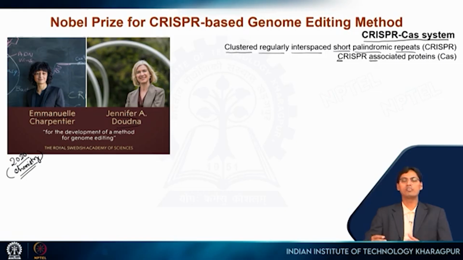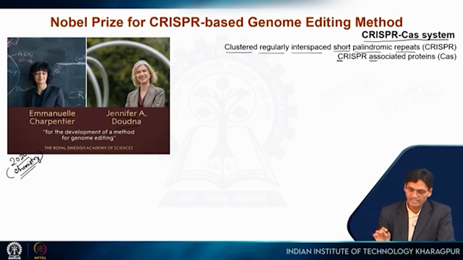Very frequently and effectively we can edit genes for our research, for example to knock out or delete some genes from a genome, or to introduce a new segment of a gene by this technique. So let's see what this technique is.